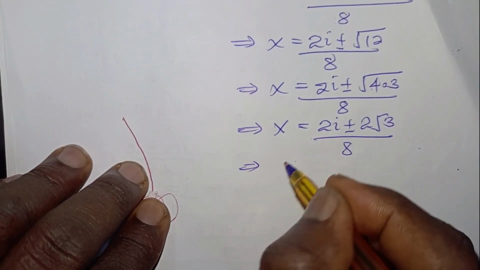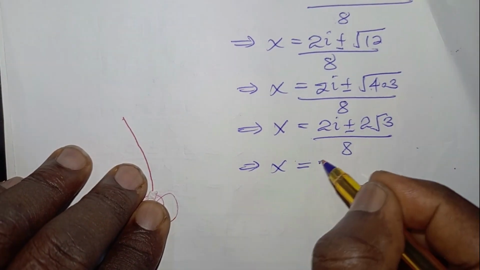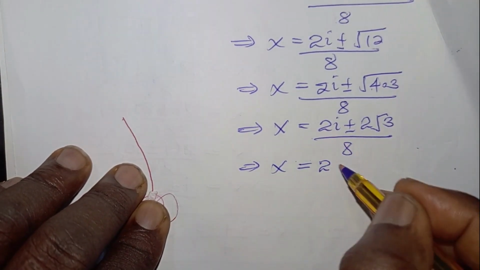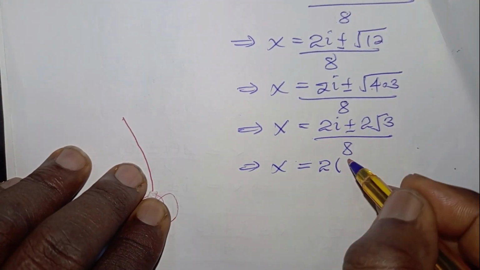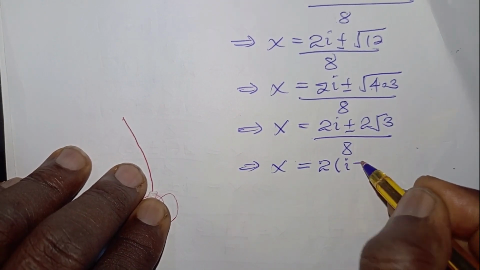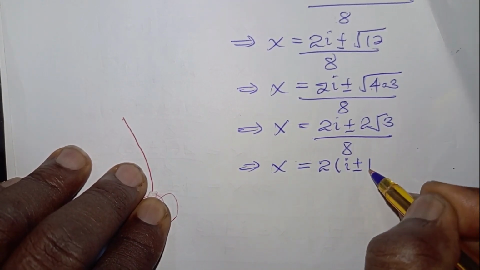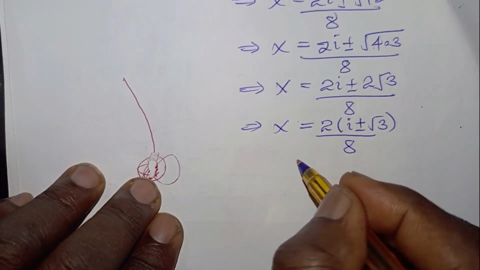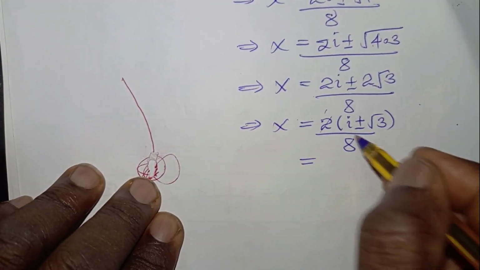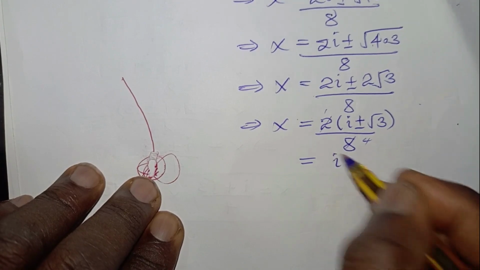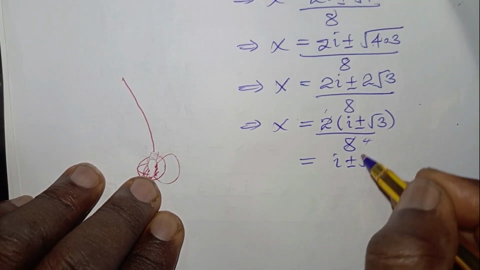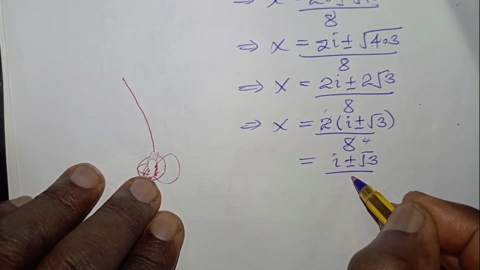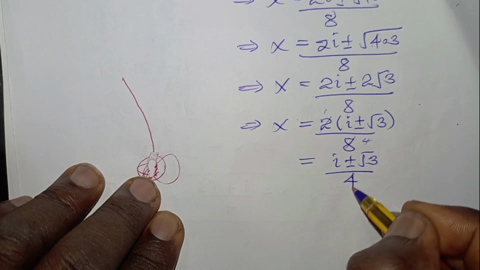So it implies x is equal to 2, factoring 2 out, so we have i plus or minus root 3 divided by 8. So let's divide through by 2, 2 here gives 1 and 2 here gives 4. So this will give us i plus or minus root 3 over 4.